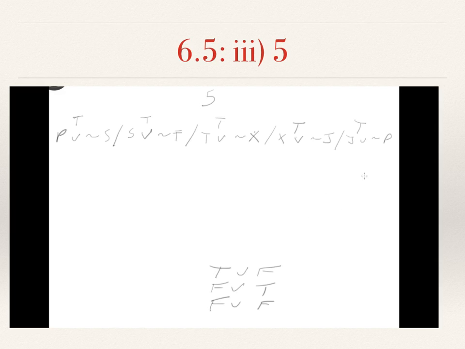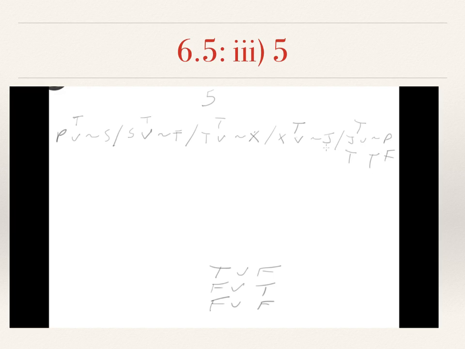So we can begin with J is true, for instance. And P can either be false or true. So for the sake of argument, let's make P false, and the negation sign makes it true. So T or T makes that true. So we're taking J is true and P is false.